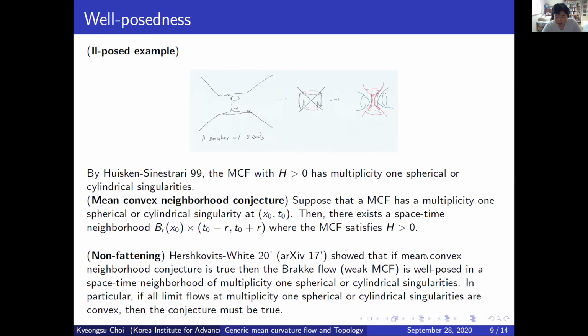That's the key idea: one should consider positive speed for well-posedness. So this conjecture implies the well-posedness theory. In particular, if all limit flows at the singularities are convex, then this conjecture is true. So it is enough to show that all limit flows, cylinders or spheres, are convex. Then we have well-posedness.